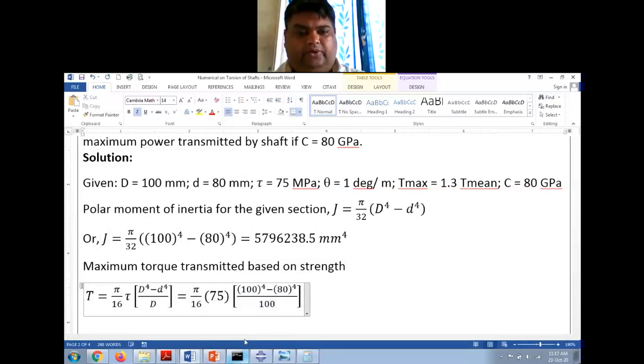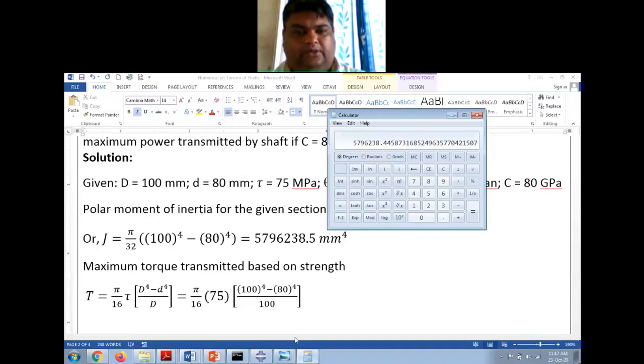Right? So when you calculate this, you will get the torque. So 100 raised to 4 minus 80 raised to 4 is this by 100 into 75 into pi by 16.